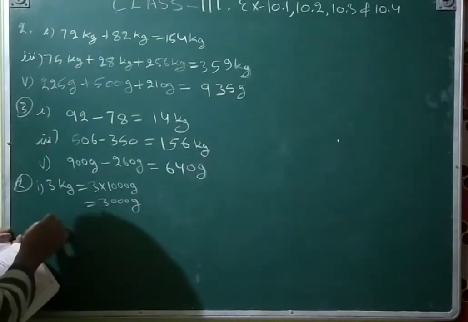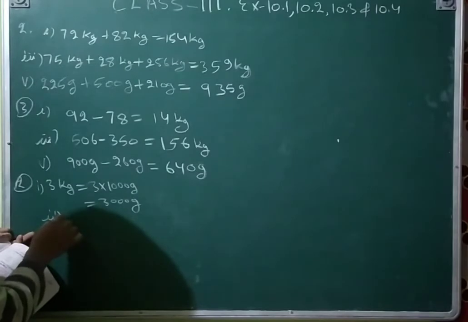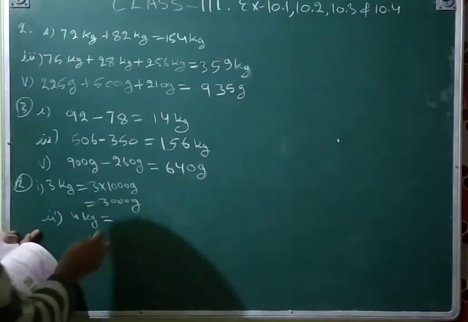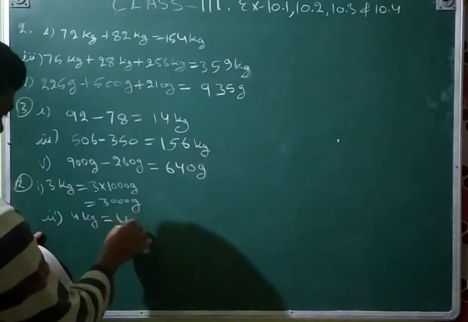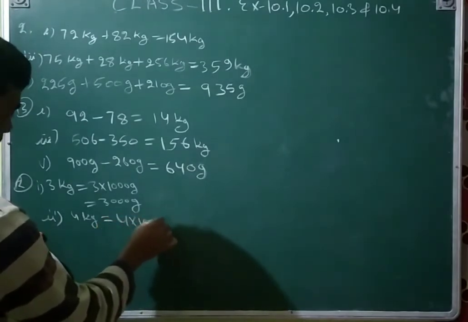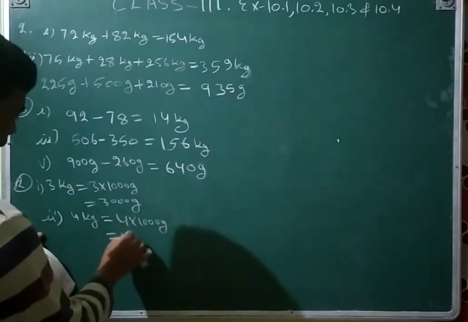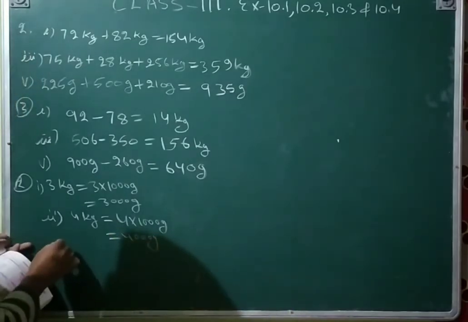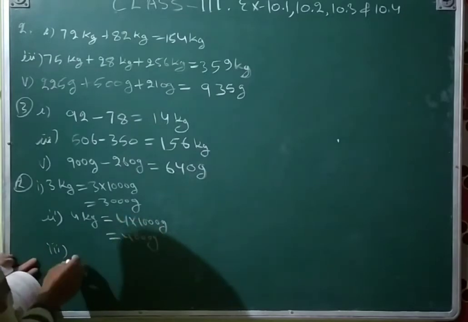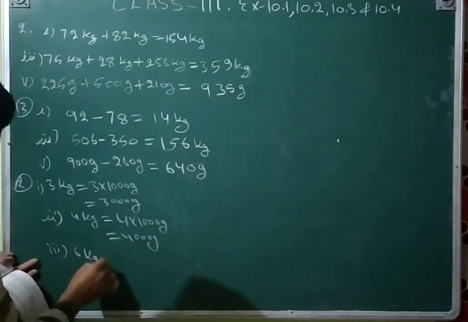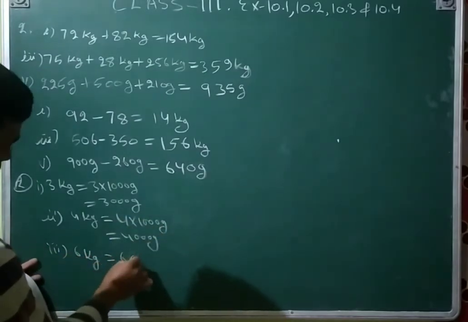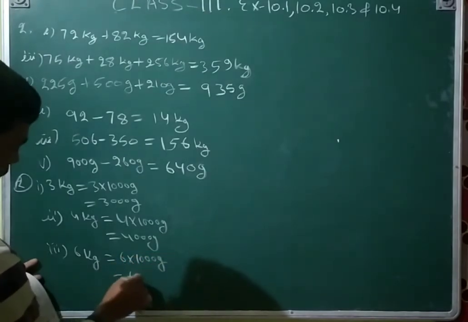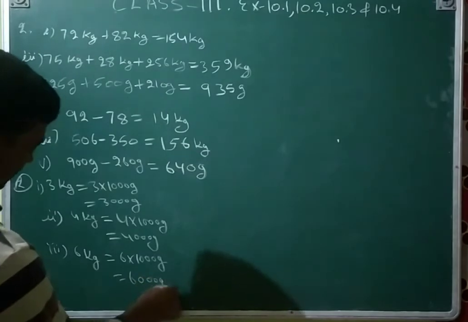That is the second part. 4 kg is equal to 4 into 1000 gram is equal to 4000 gram. And then the third part: 6 kg is equal to 6 into 1000 gram is equal to 6000 gram.